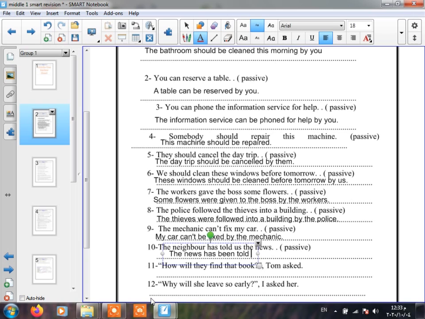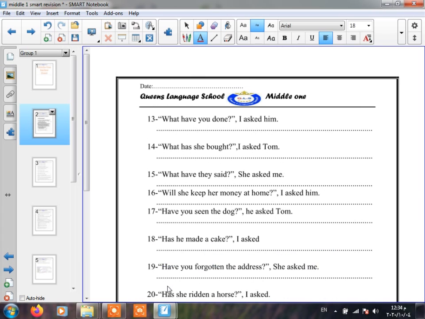Here I have two objects. I have us or the news, like the one in the flowers and the boss. Question number 7. So I here consider the news as my object. So the news has been told to us by the neighbor. Okay? The second answer may be like that.